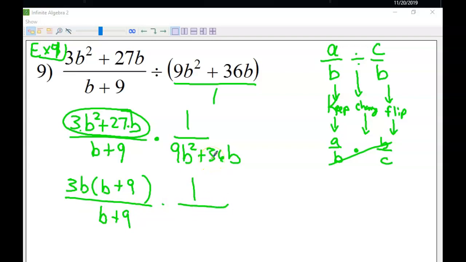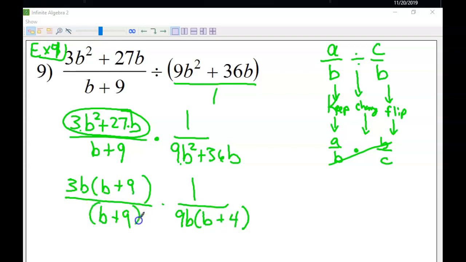What's that one? GCF box or difference of squares? Good. Same thing. It's not a difference of squares because it's plus. So it's another GCF. What goes into both of these? 9 and B. So that would leave B plus 4.